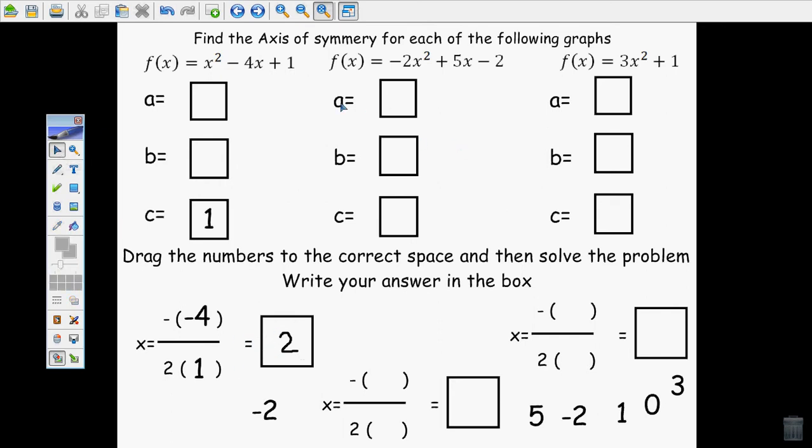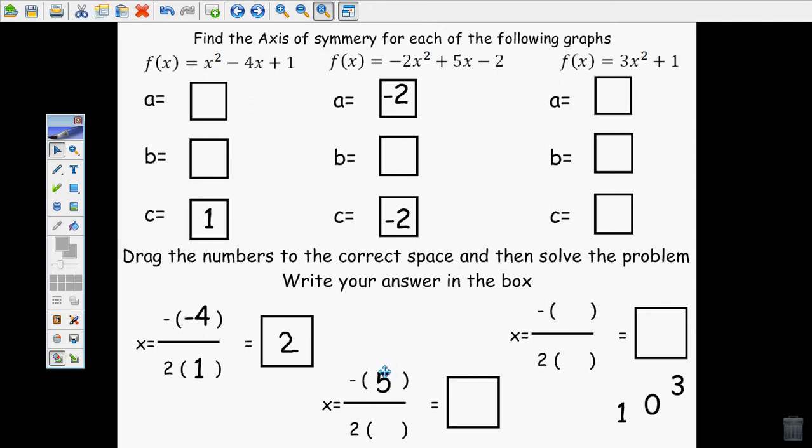Okay, the second one, a is going to equal -2. Notice this is the one where I'm going to say it opens down because that is negative. So I'm going to make -2 for a. b is 5. And c is -2. I don't really have to do c, but I'm going to just to finish out the boxes. Then because my equation is -b over 2a, I'm going to bring my b down.